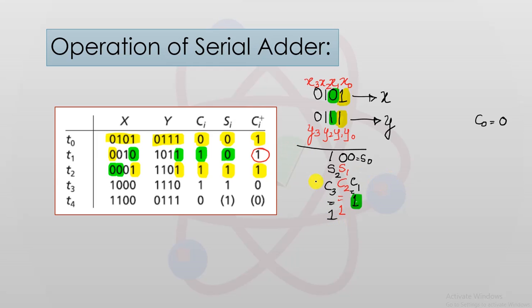So this sum S2 that you just now obtained, which is equal to 1, will now be moved to the MSB bit in the accumulator, and you have S2 here, S1 here, S0 here, and another cyclic shift of the addend register will yield you Y3 at this particular point, and you have X3 at this particular point.